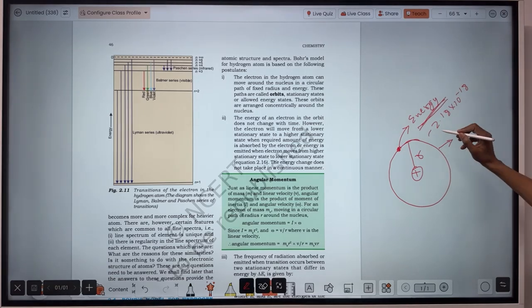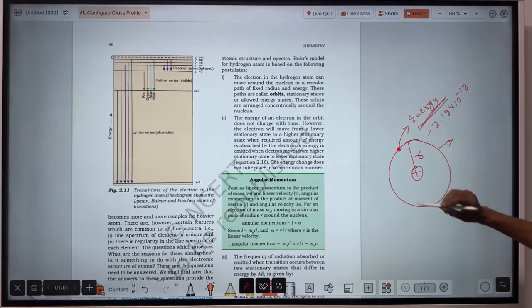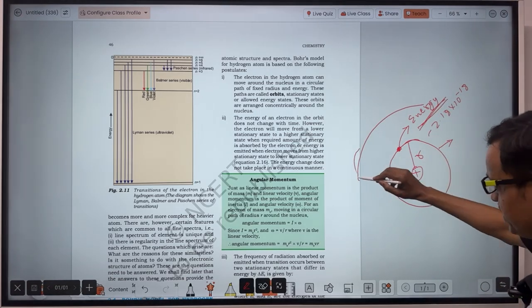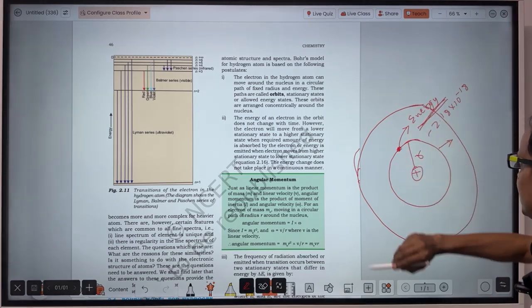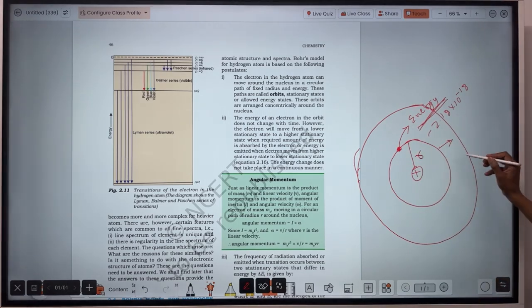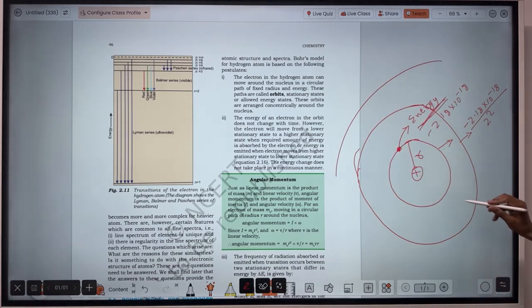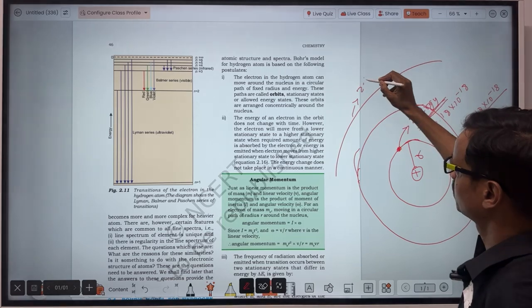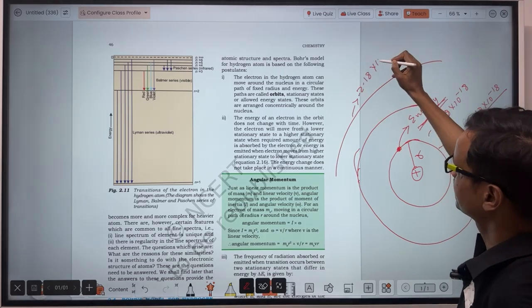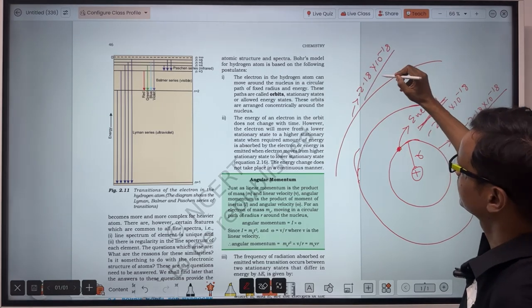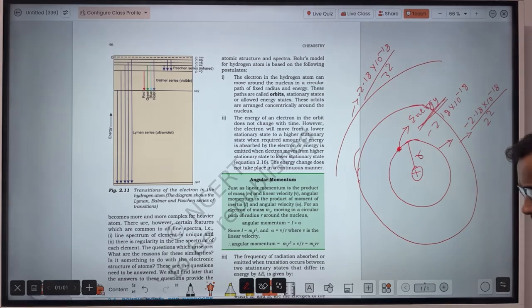For the second energy state, the second stationary state, the energy will be minus 2.18 into 10 to the power minus 18 upon 2 square. Same in the third state, the energy will be minus 2.18 into 10 to the power minus 18 upon 3 square.